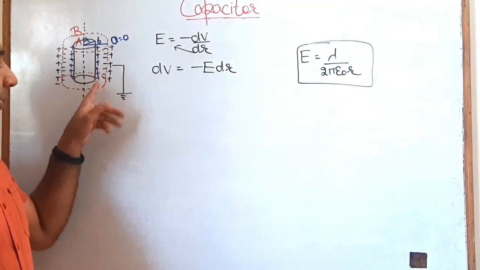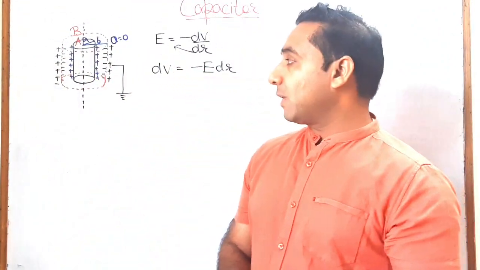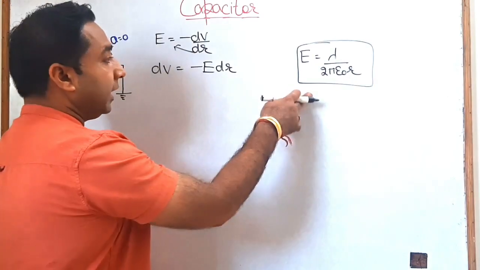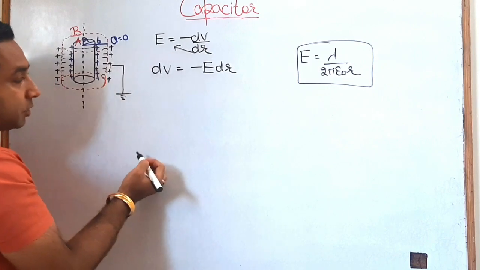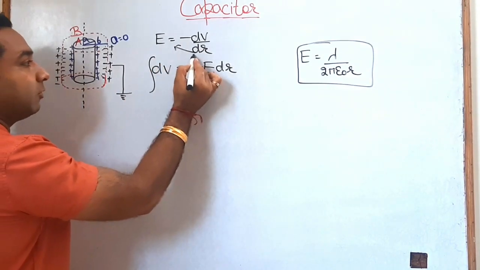This shape is due to the infinite line of charge. That's why we have to utilize the concept of intensity due to the infinite line charge. So dV is equal to minus E into dr. In order to get the value of total potential, what we have to do, we have to take the integral.